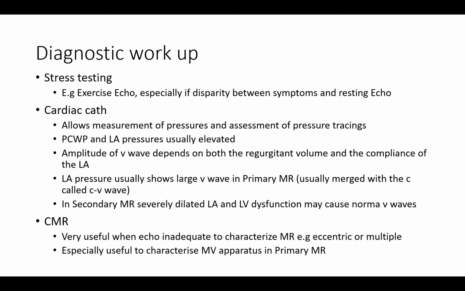Sometimes the extremely dilated left atrium accommodates the pressure and the volume, and the left ventricle doesn't really contract properly, because we've said in secondary MR, most of the cases are due to any pathology that would cause LV dilation, plus or minus dysfunction, or LA dilation. So the LV isn't even contracting properly to give enough force to cause the large V wave. So they may look normal.